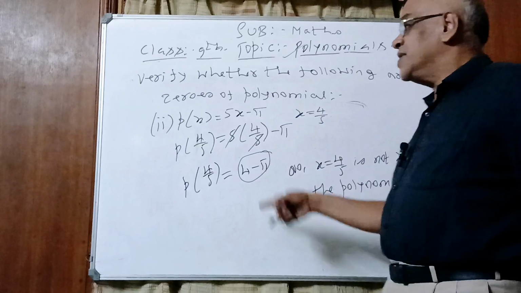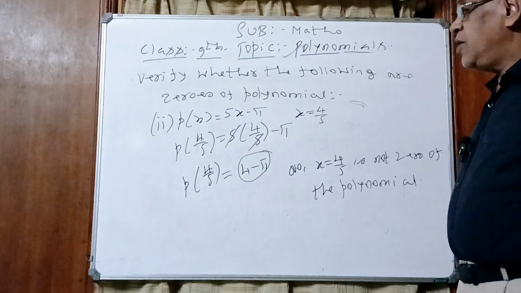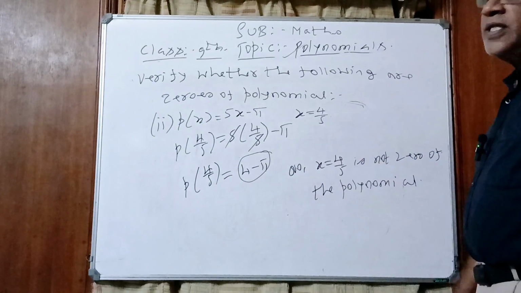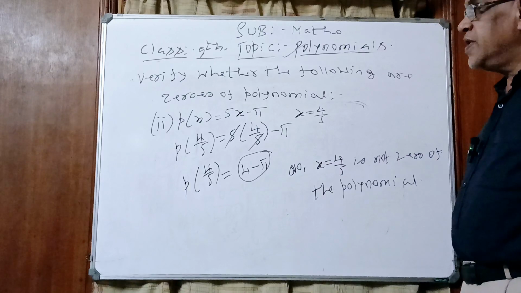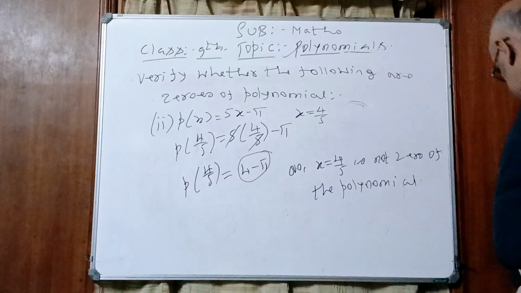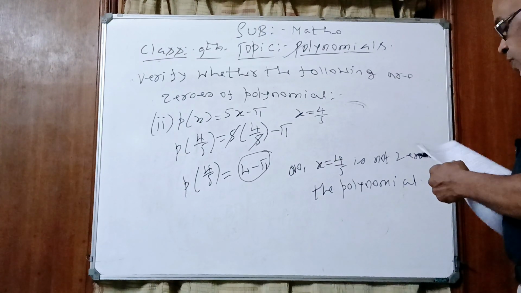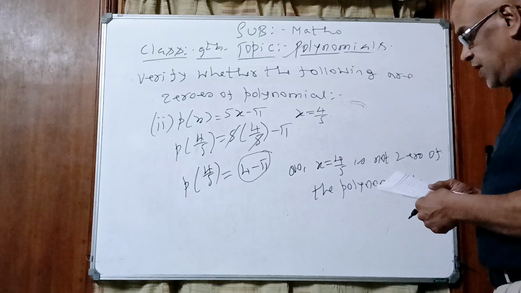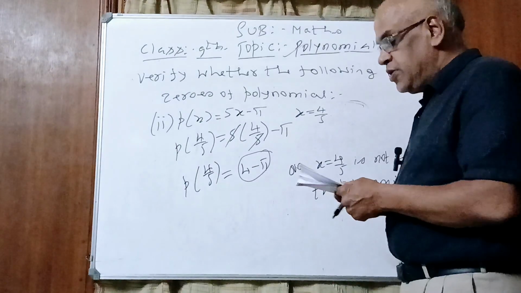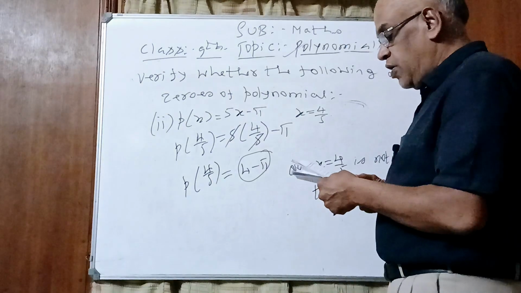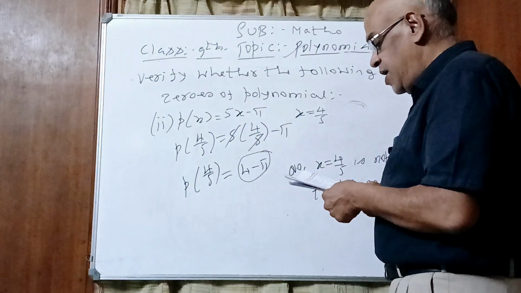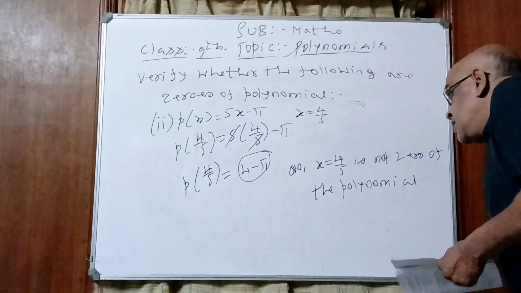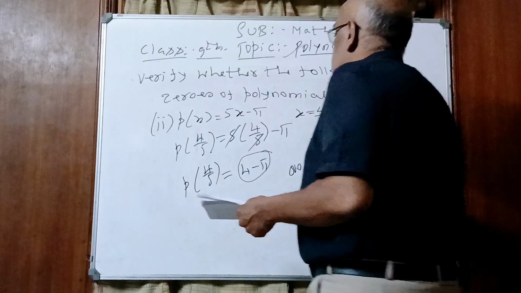Earlier one, yes, the value was called 0 of the polynomial because the answer was 0. P of x is 0 in the previous question. Yes or no? What was that? X is equal to minus 1 by 3 was the 0 of the polynomial. Here it is not. Go to the third question.